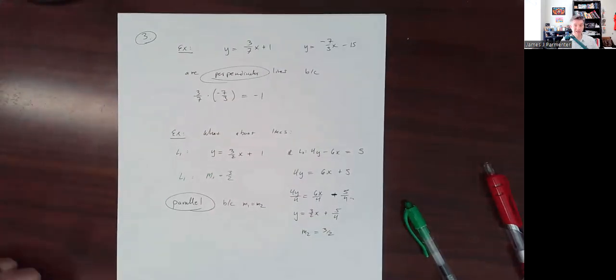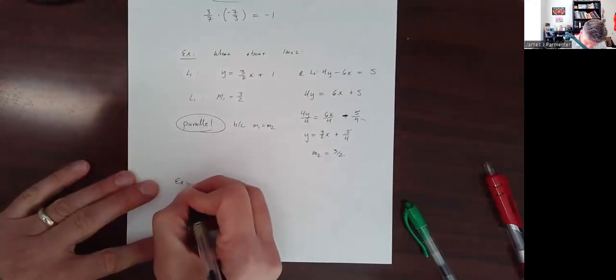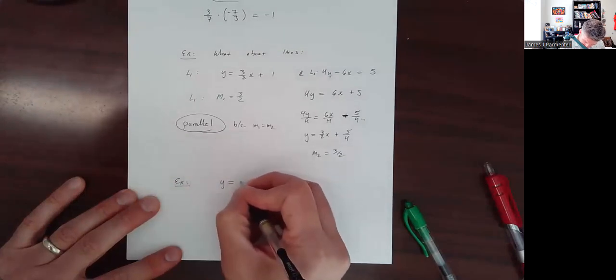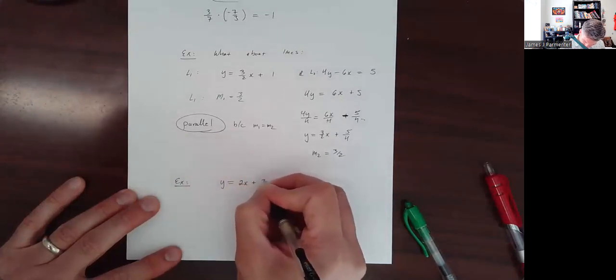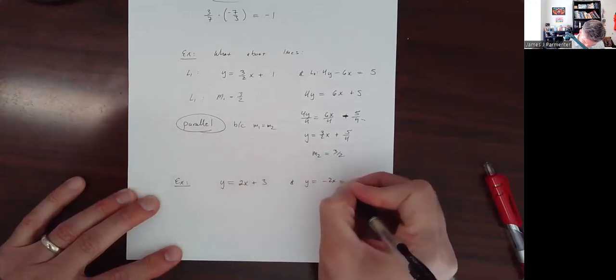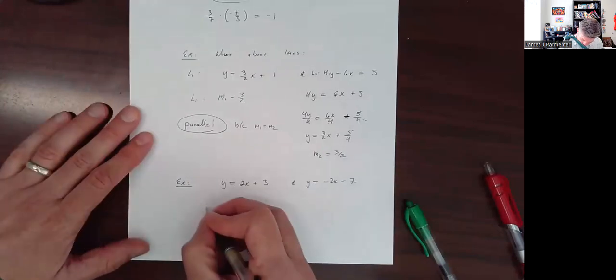On the other hand, there are lots of situations where lines are neither. For example, if I had the lines y equal to 2x plus 3 and y equal to -2x minus 7, well, the slopes definitely aren't equal, right?